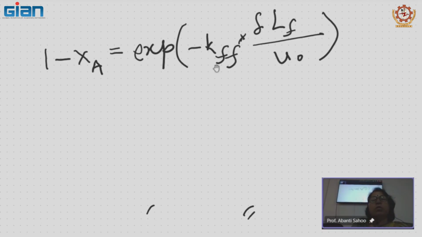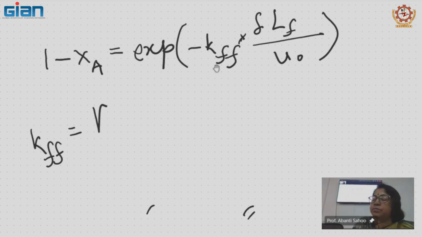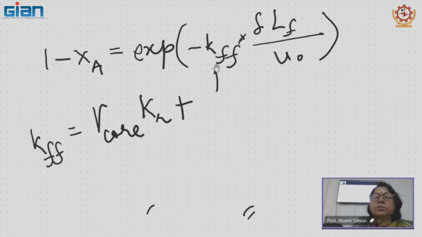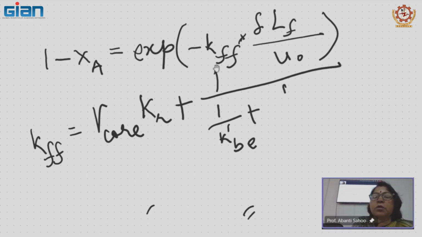So, here first KFF we can calculate, which is in the core region, that is in the main bed region. What is the gamma fraction remaining, the reaction rate constant will be plus 1 by K dash Be plus 1 by gamma wall into Kr.